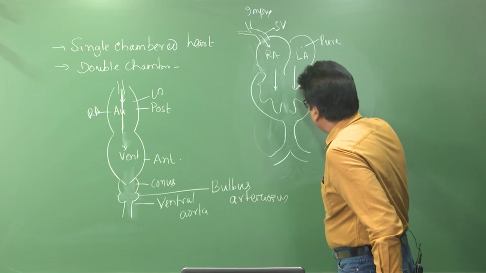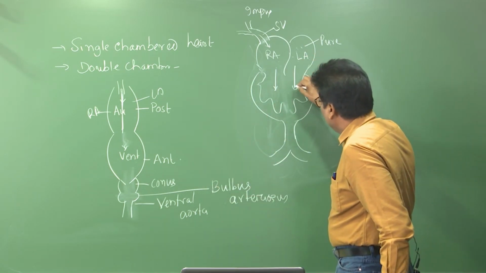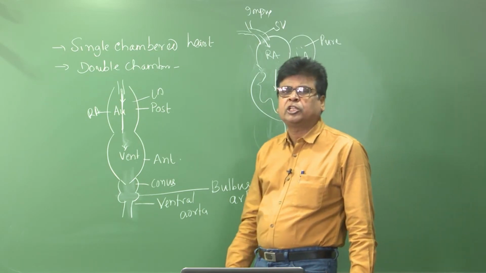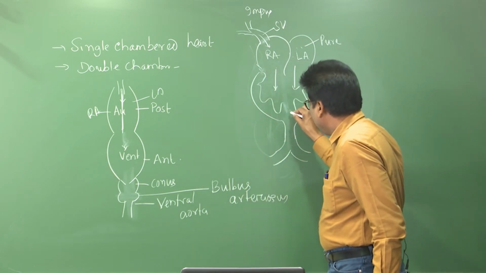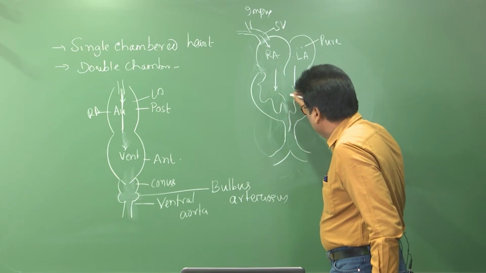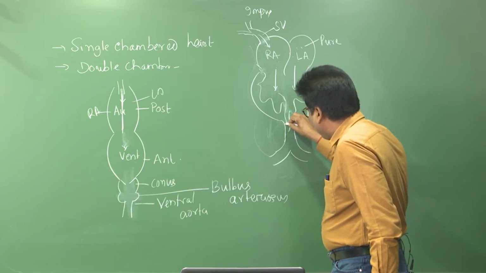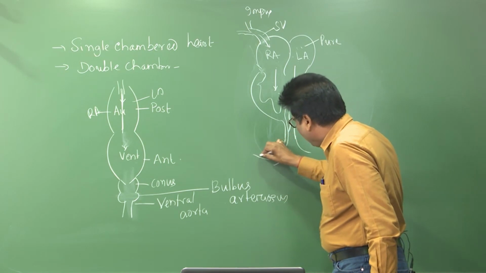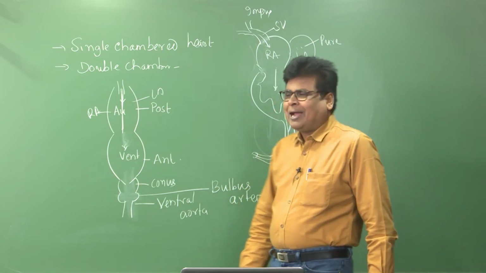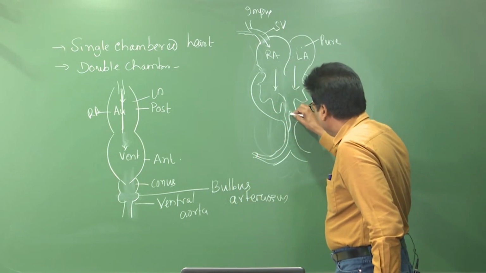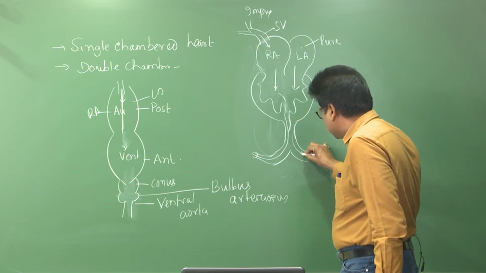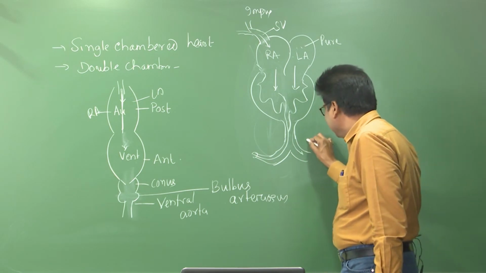Similarly, the pure blood from the left atrium will also enter into the ventricle, but the pockets of the ventricle are arranged in such a way, and one spiral is developed in that ventricle, so that the impure blood will pass to this side and enter into one artery which is known as the pulmonary artery, and at the same time the pure blood will enter, due to the presence of the spiral, into the left side artery, that is known as the systemic artery.